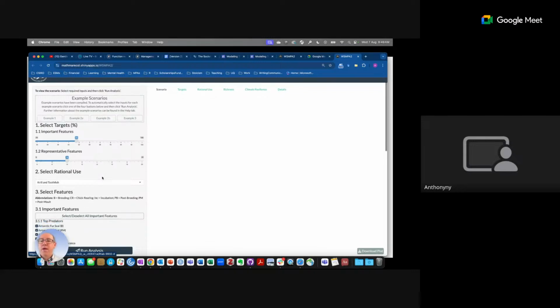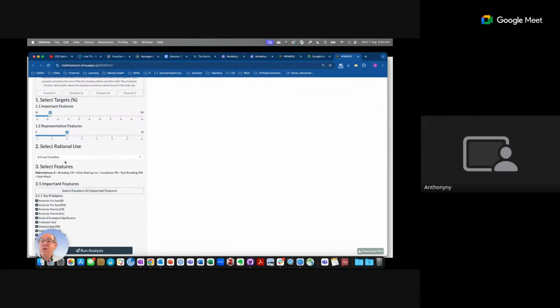Here I talked about targets. This is the percentage area of the distribution of each feature. You can set it, so each delegate could run this themselves, and, you know, 30%. This is the Shiny app. These are important features. These tend to be species distributions. These tend to be representative ones, bioregions or habitats. We can have fishing here.